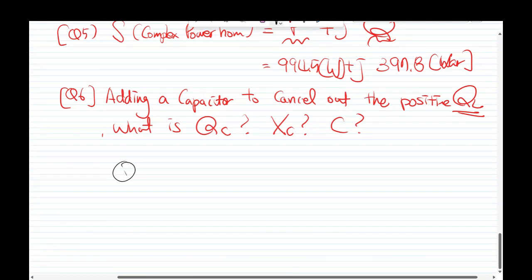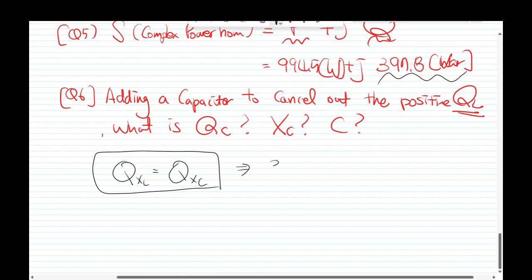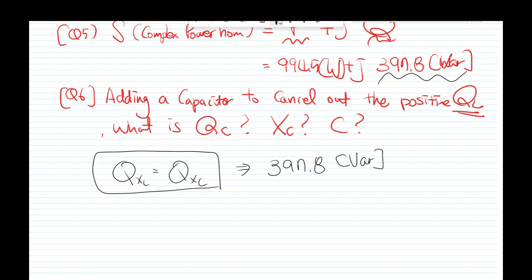Step by step: to cancel out Q sub L, they should be the same. Q sub L we have already calculated, 397.8 VAR, right? And then what is Q sub C?